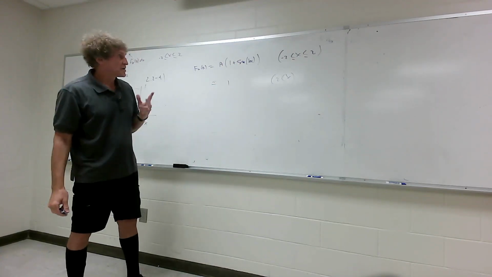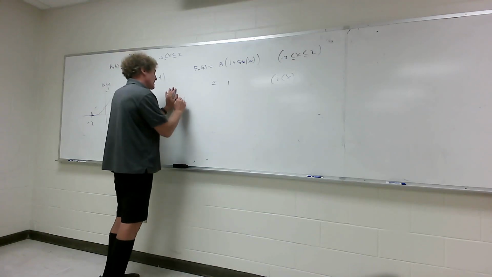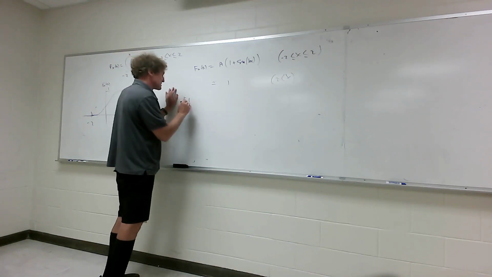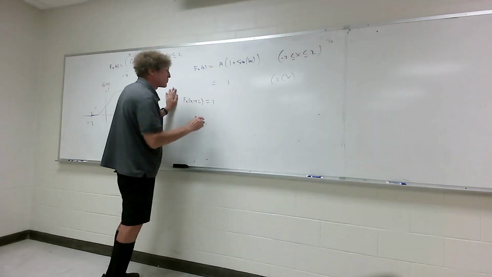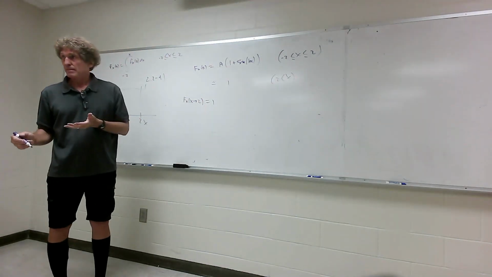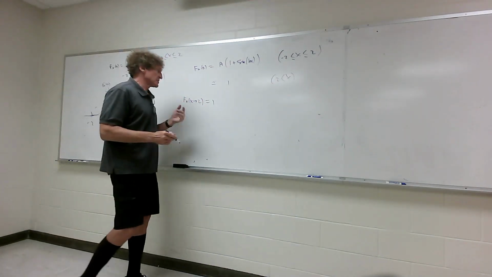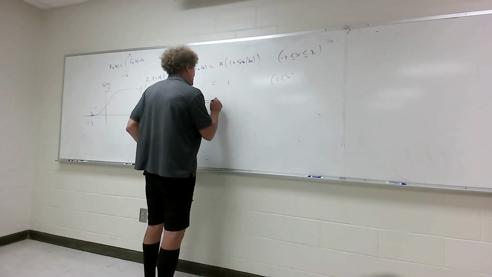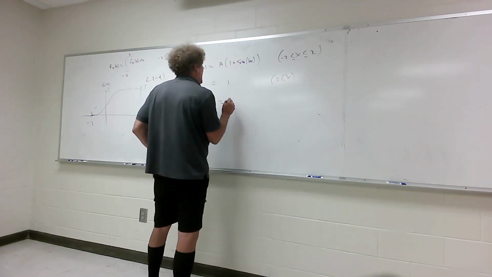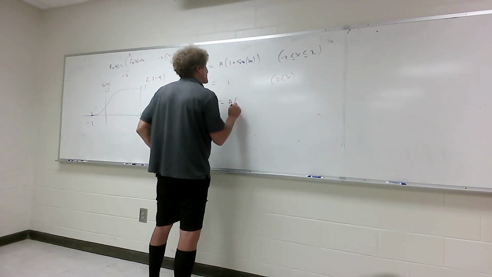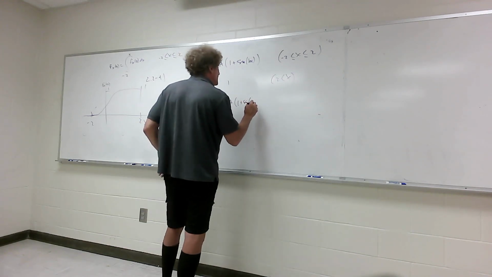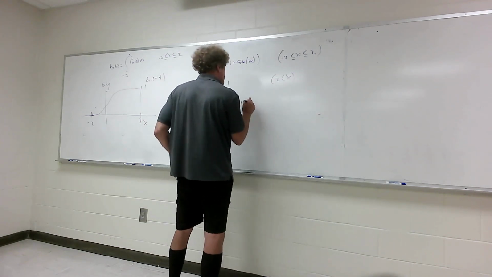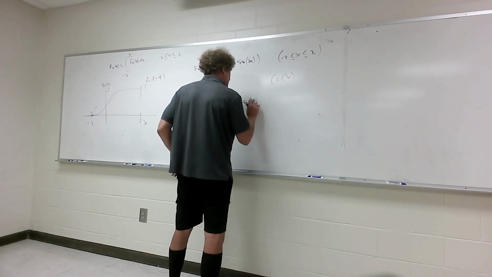So if we have two unknowns, as x goes to 2, F has to be 1. Do you agree with that? So that means I have a times 1 plus the sine of 2b.